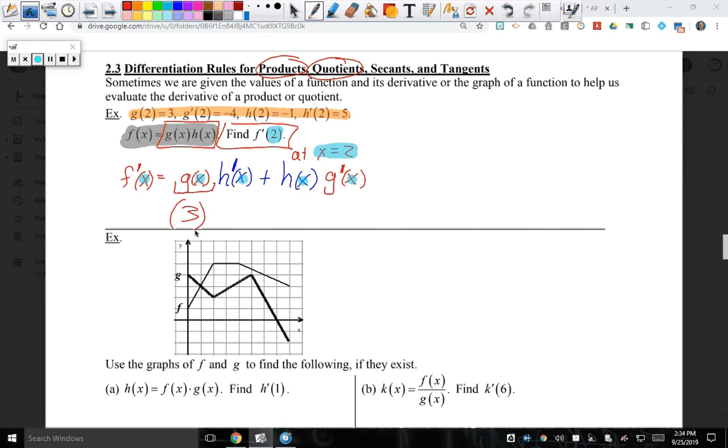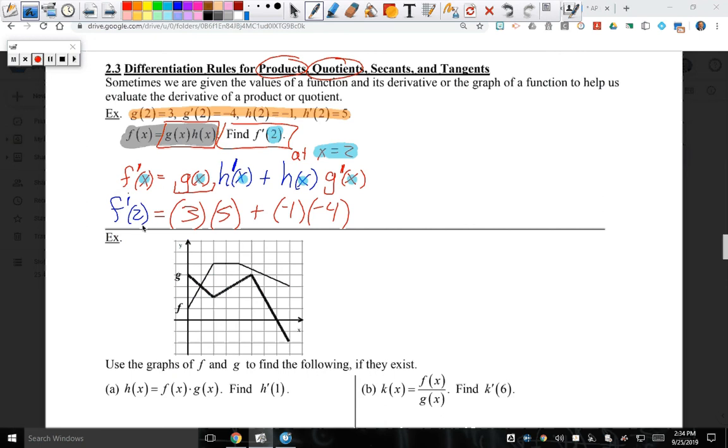Arjun, what is h prime at 2? 5. And then we're going to add, Braden, what's next? We're going to add what? Negative 1. Perfect. Parentheses are important. This is all equal to my answer, which is f prime of 2.